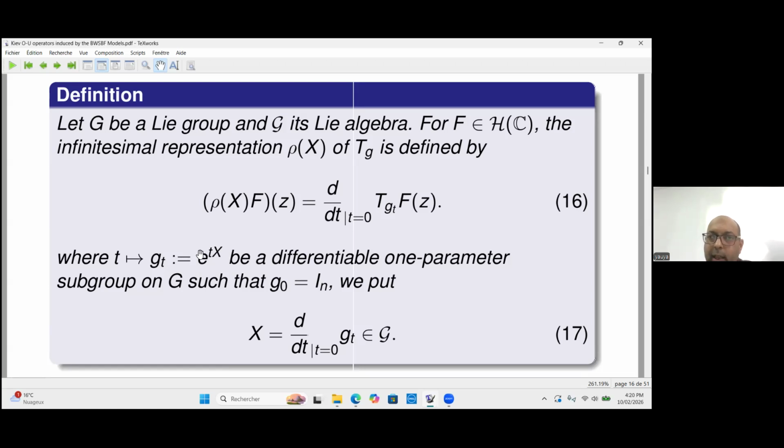And for each element x in the Lie algebra, we define an operator called the infinitesimal representation, that is a map from the Lie algebra J to the endomorphisms of holomorphic functions. And it is defined by the derivation with respect to t of the action of g_t on f(z).